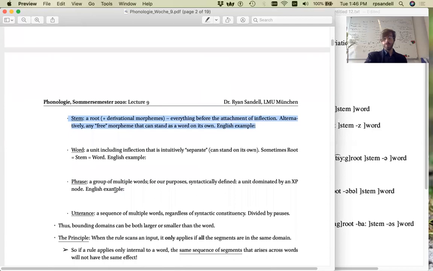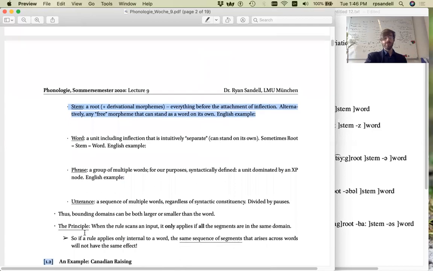The overall principle that we'll see illustrated in just a minute is that when a rule scans an input, that is when it looks at a sequence of sounds, and it finds a sequence of sounds that would allow for the application of the process, then the process is only able to apply if all of the segments are contained within that domain.